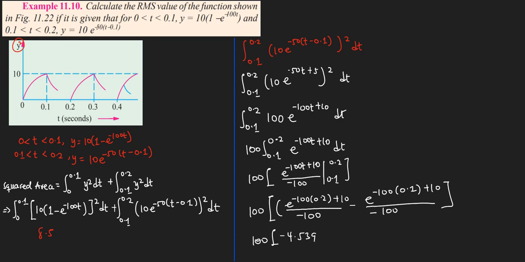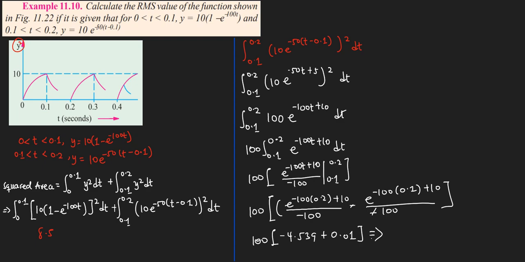And then let's do the second one also. We're going to have plus because of this minus and this minus here. So from there, I'm going to have e to the power minus 100 multiplying 0.1 plus 10 divided by 100. This will give us a value of 0.01.